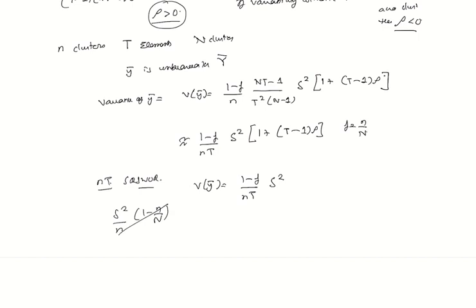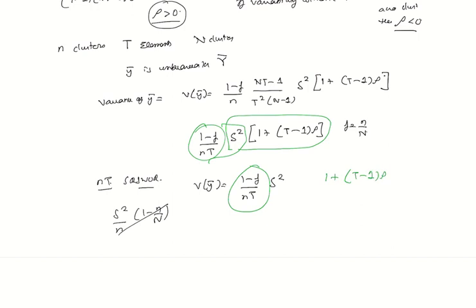So this whole thing is the same, and the only thing that is added is 1 plus t minus 1 rho.